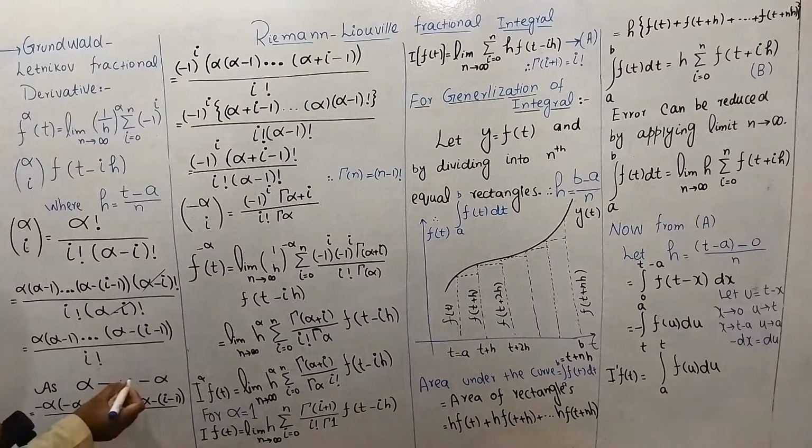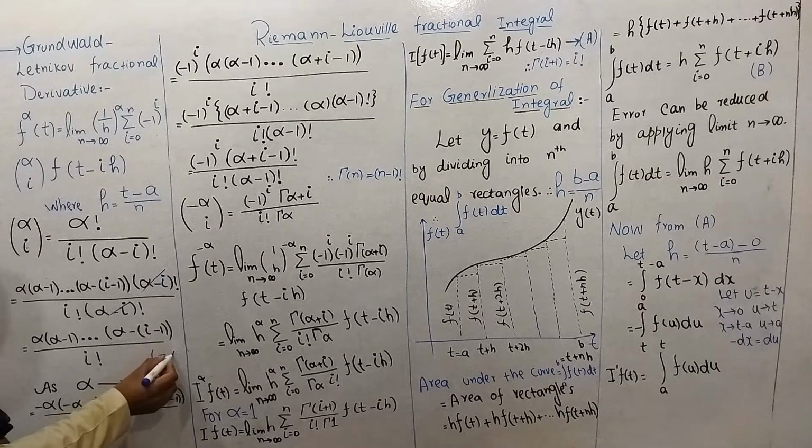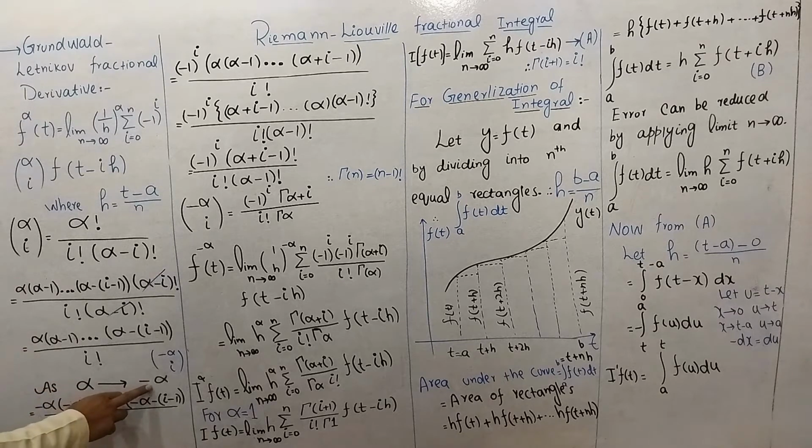We can write the combination of minus alpha and i as, if alpha is replaced by minus alpha, minus alpha, minus alpha minus 1, and so on, minus alpha minus i plus 1, over i factorial.